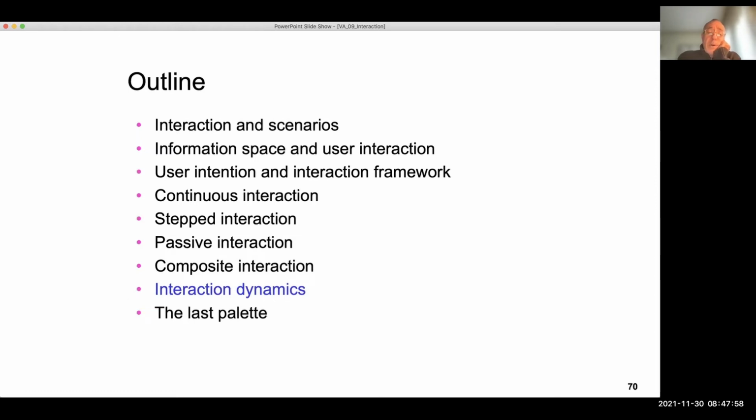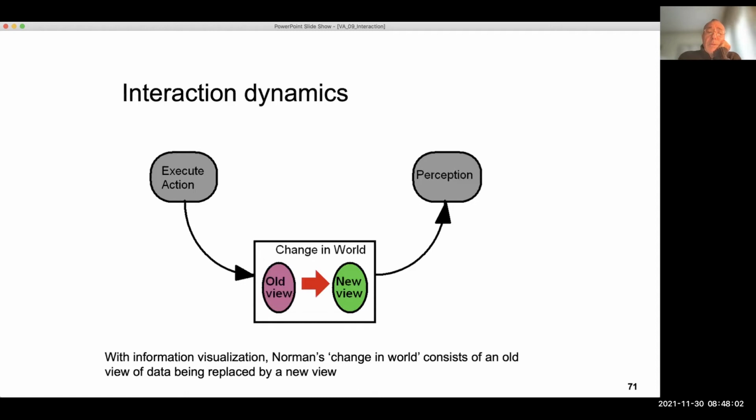And last but not least, we have the dynamics of the interaction. What do I mean by dynamics? I mean that you execute an action, a single interaction, a single movement, and the world that is your screen basically moves from the old view to the new view.